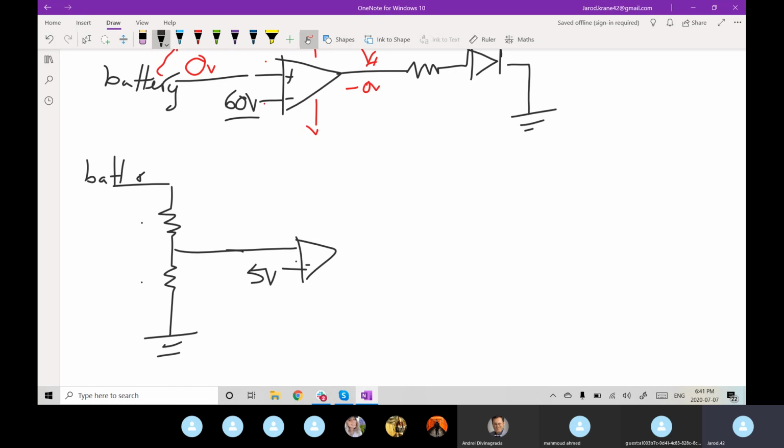And we choose our resistor values in such a way that 60.1 volts here equates to 5.14 volts here, or whatever tolerance we decided to go with, to make sure that as soon as we pass that 60 volt threshold, our LED would turn on.